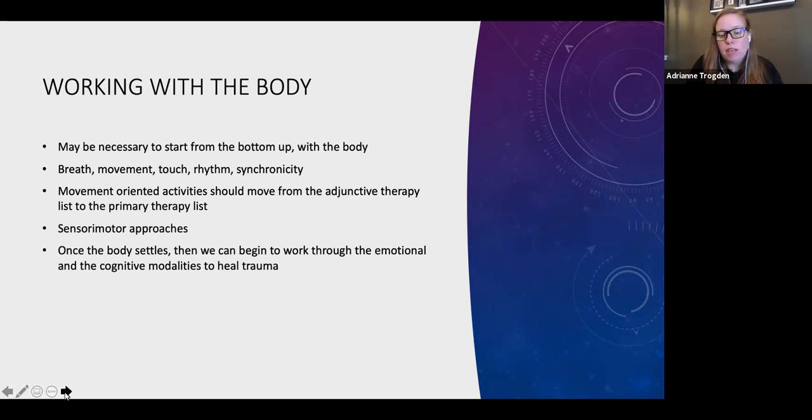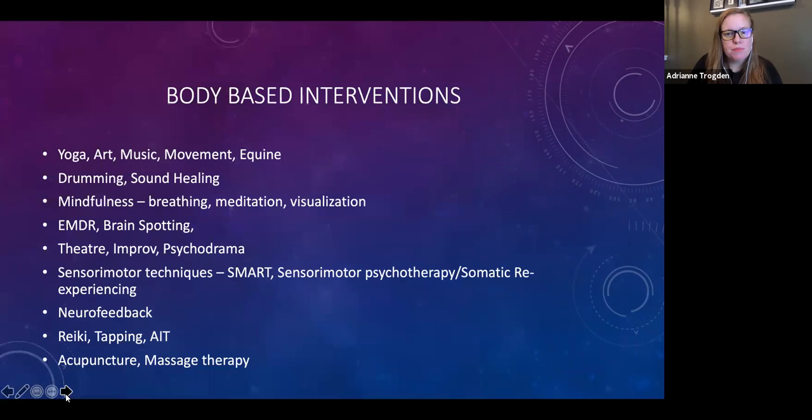And also can help with impulsivity issues related to addiction, and also that flight, fight, freeze phenomenon that happens, that can help manage those impulsivities too.